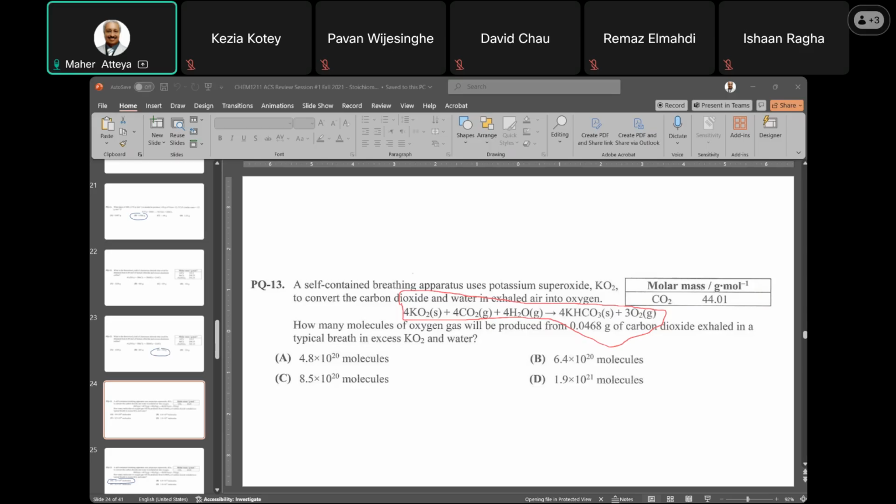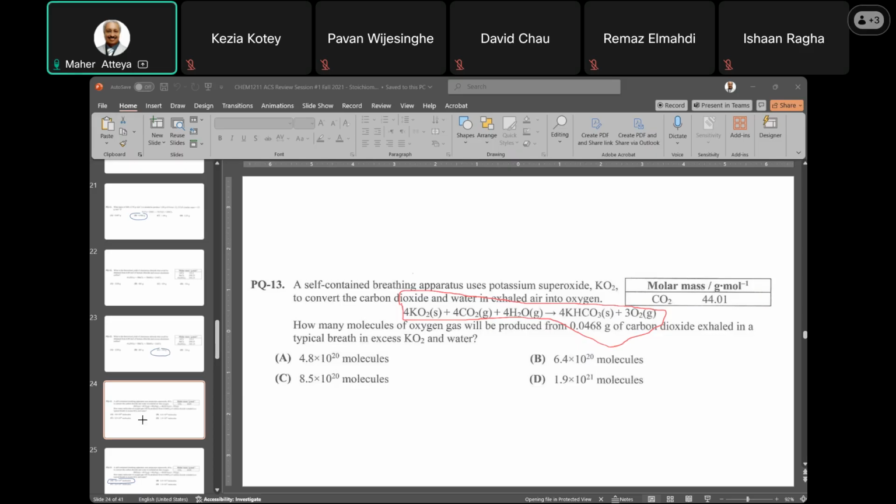Now how do we calculate this? Self-contained breathing apparatus converting potassium superoxide, KO2, and H2O into O2. So how many molecules of oxygen gas will be produced from 0.0468 grams of carbon dioxide exhaled?